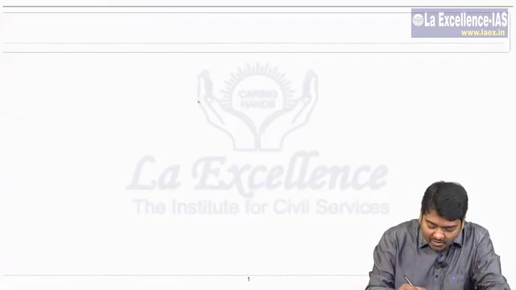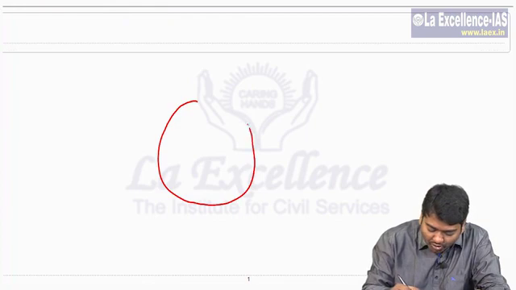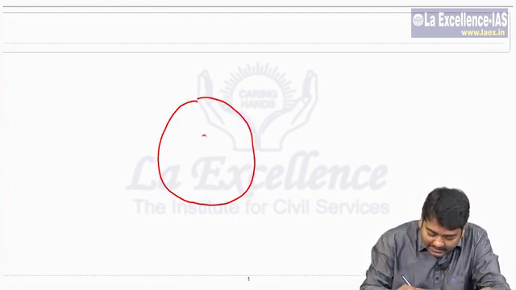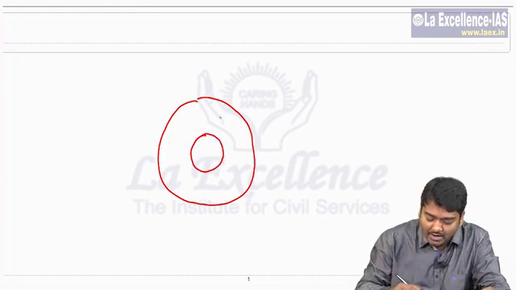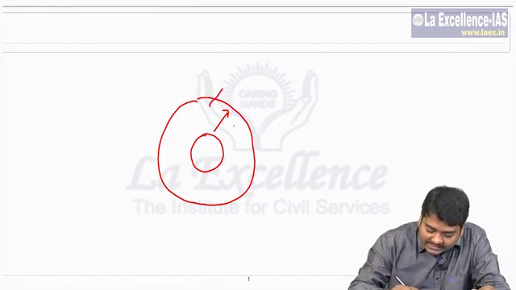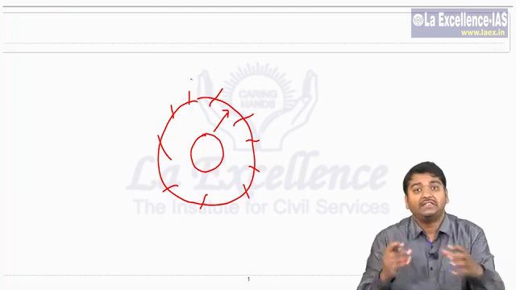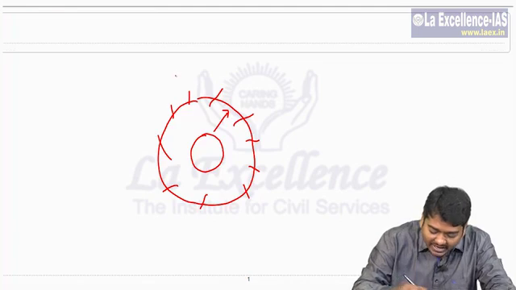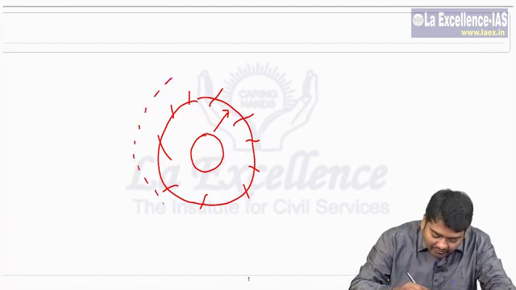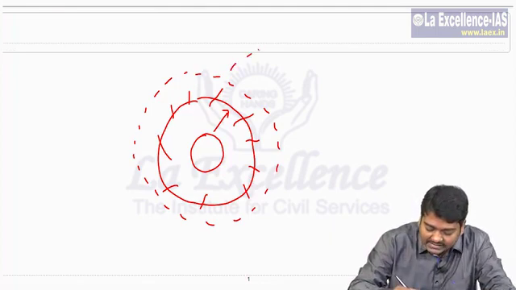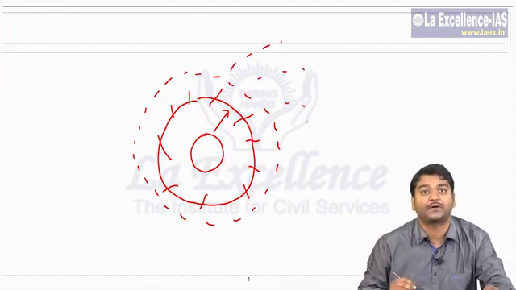Now, whenever we consider the formation of the Earth, I have already told you that the heavy particles came at the center and the lighter ones moved above. And some gases which were present inside escaped out. Some gases were held by the Earth with its gravitational force, whereas some other gases escaped into the atmosphere.